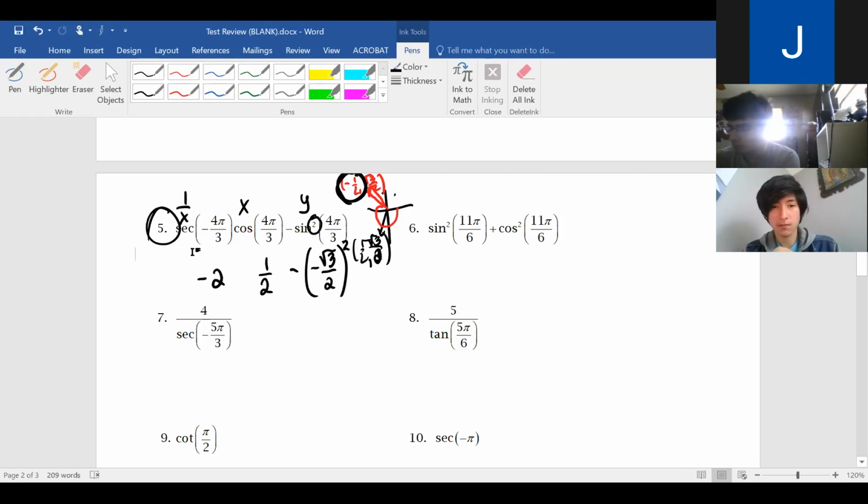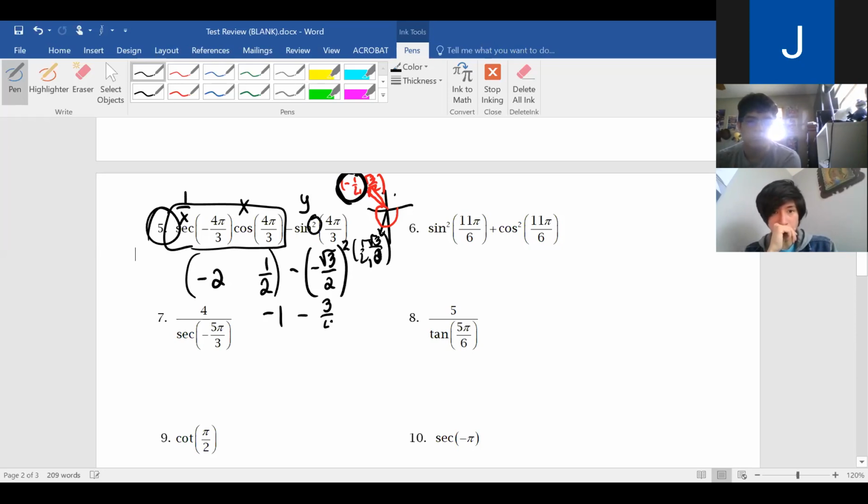So these two are being multiplied together. That's -1, because this is being multiplied. This is being subtracted. Square this, obviously becomes positive. This becomes 3 over 4.